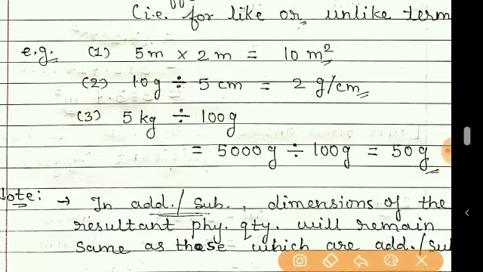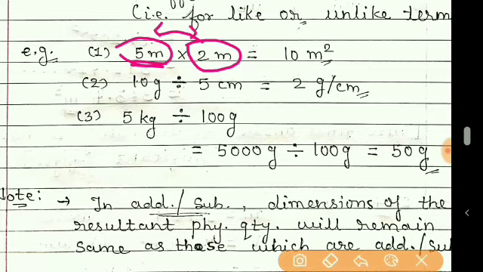Suppose the first physical quantity has measurement 5 meter and the second physical quantity has the measurement 2 meter, and these two are to be multiplied.